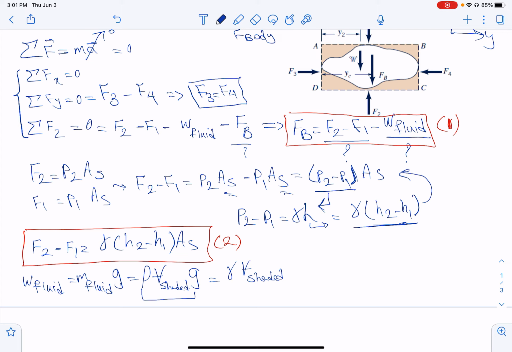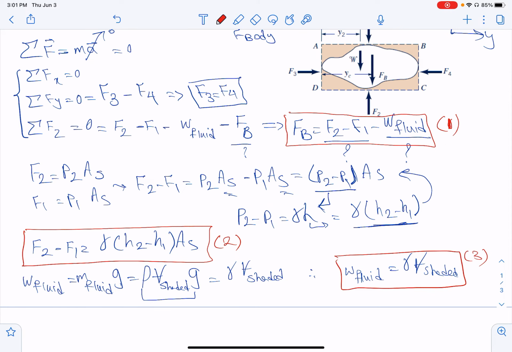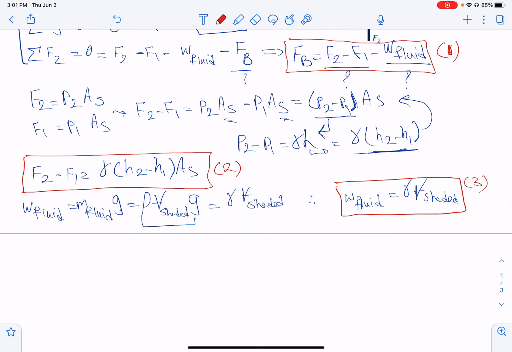So basically for the weight of fluid, we have gamma times the volume of the shaded body. So let's number this one as equation 3, right?